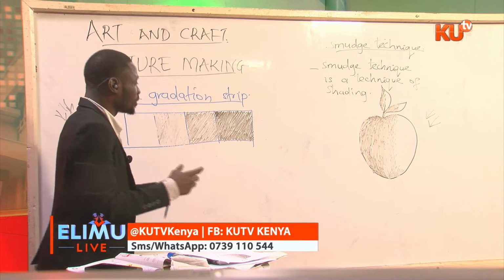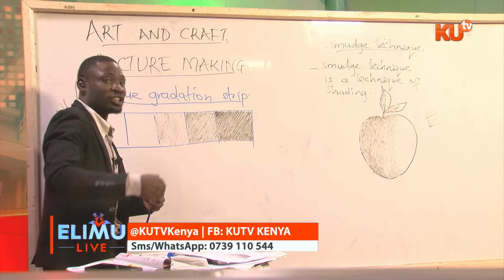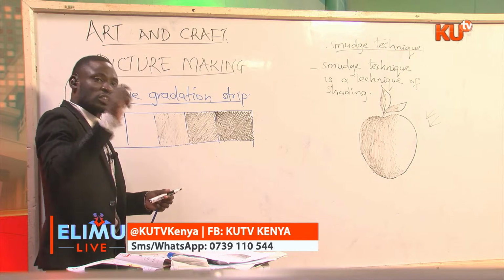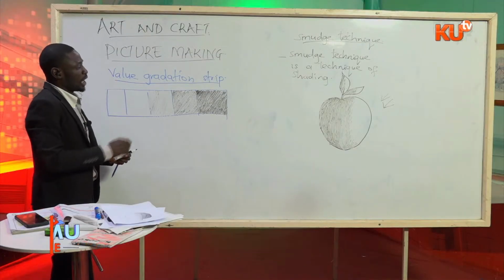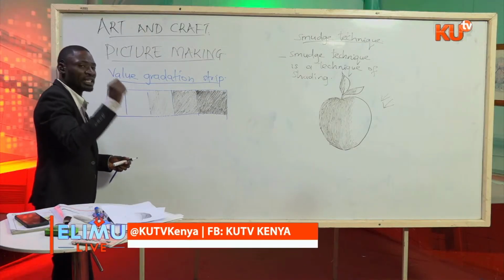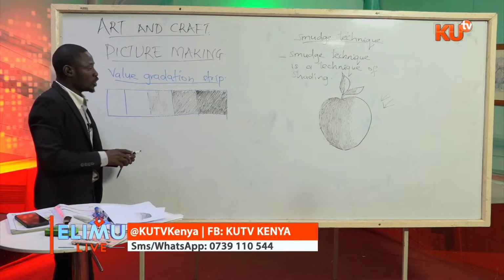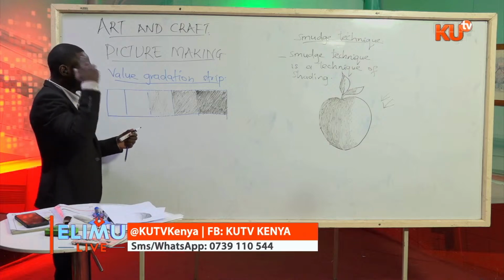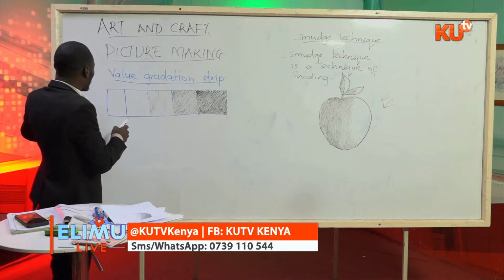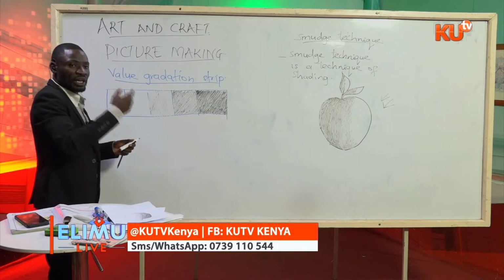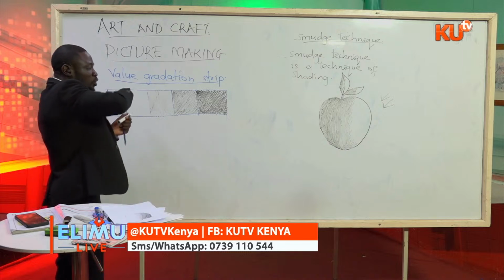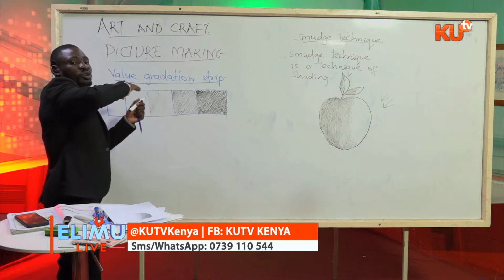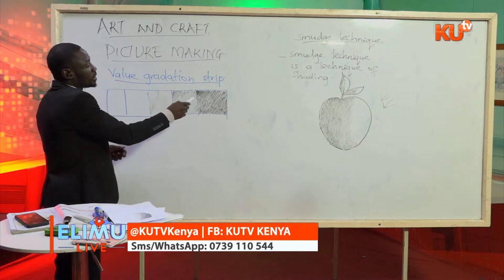Like I have said, and I'm repeating, when you are shading, first identify where the light is coming from, so that as you shade, you keep in mind that where the light is coming from appears lighter, and as you move away from the light, your shading becomes darker.